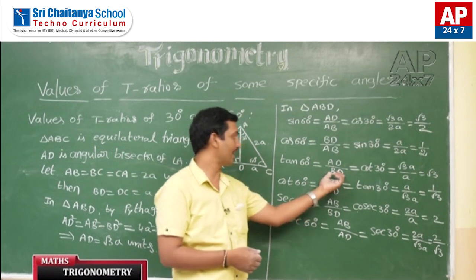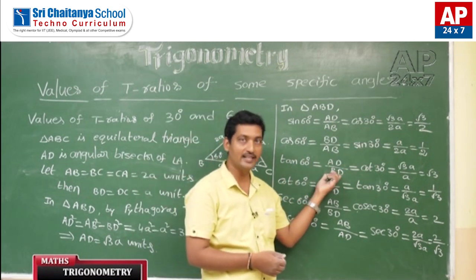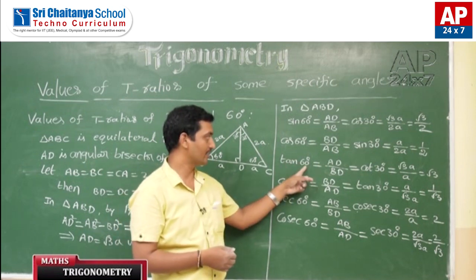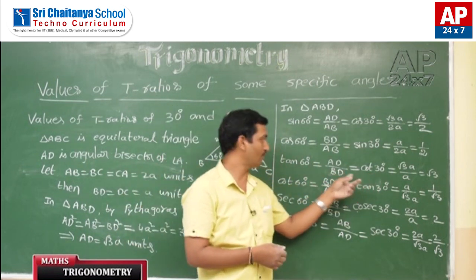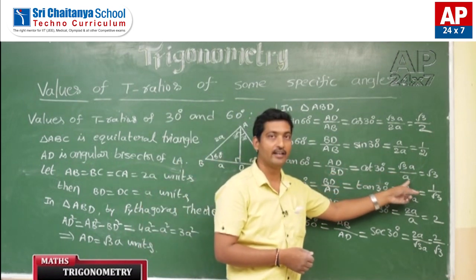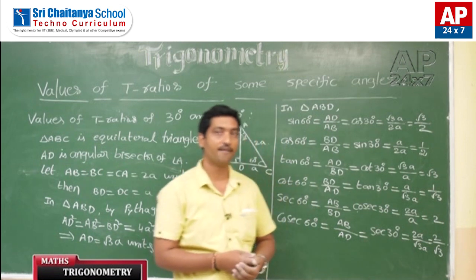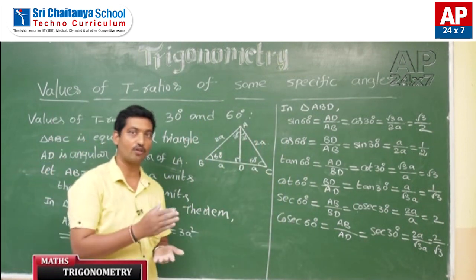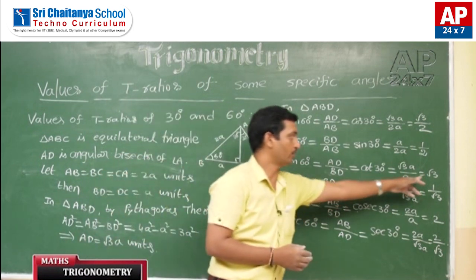BD is the adjacent side to 60 degrees, the same BD is the opposite side to 30 degrees. That's why tan 60 degrees is equal to cot 30 degrees is equal to AD by BD, which is equal to root 3 A by A, cancel, root 3 is remaining. Finally, the value of tan 60 degrees is equal to cot 30 degrees is equal to root 3.